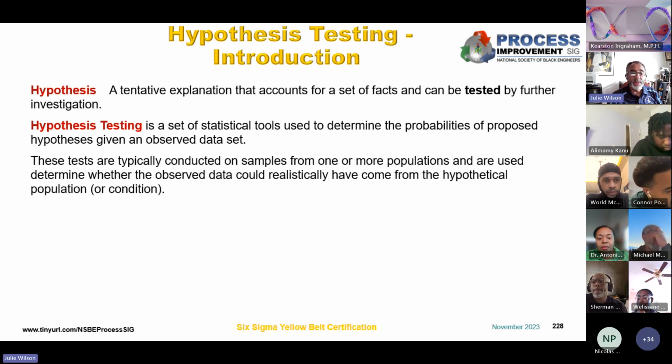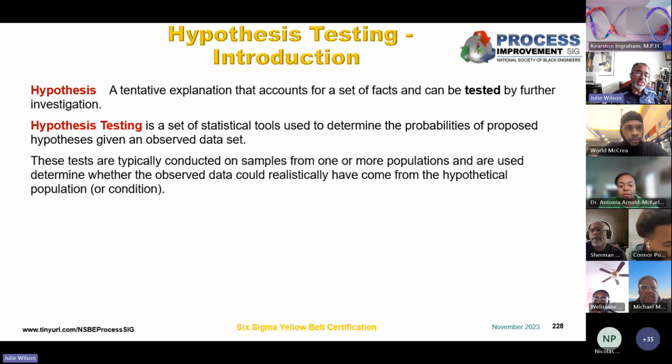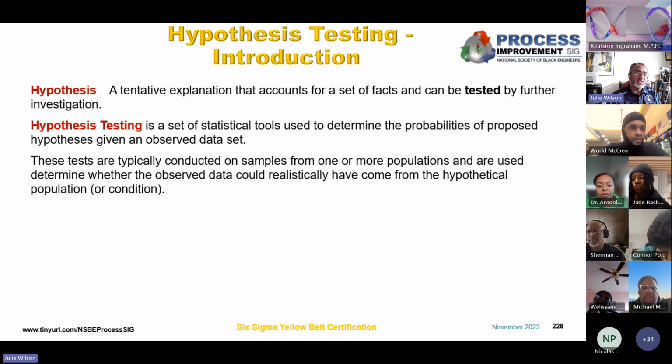These tests are typically conducted on samples from one or more populations and are used to determine whether the observed data could realistically have come from the hypothetical population. Because remember, in statistics you take a sample and analyze it to draw a conclusion about the population. So the question is, I've got this sample here. Did this sample really come from my population? Hypothesis testing confirms that.